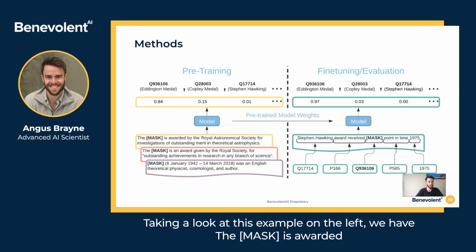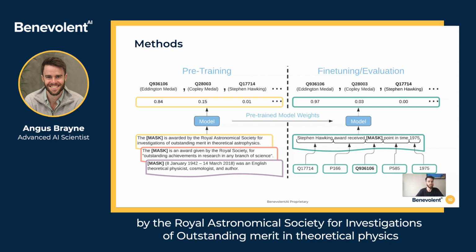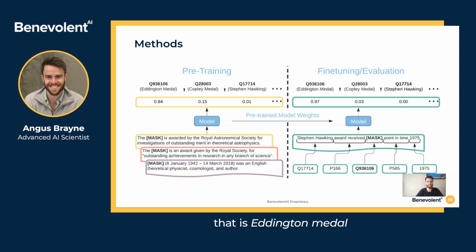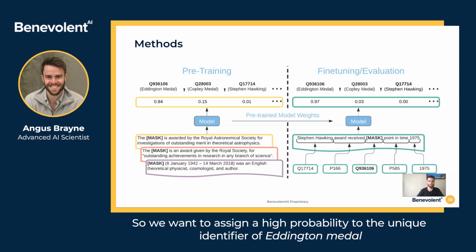Taking a look at this example on the left, we have: mask is awarded by the Royal Astronomical Society for investigations of outstanding merit in theoretical physics. Here, we want the model to predict the entity that should go in the mask slot. That is Eddington Medal. So we want to assign a high probability to the unique identifier of Eddington Medal.